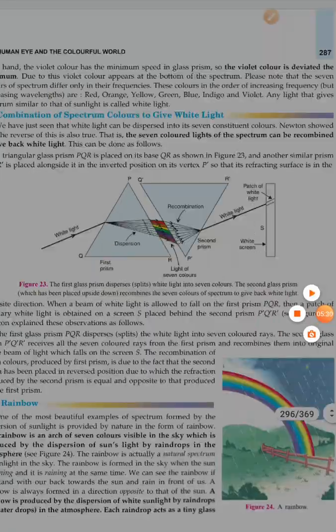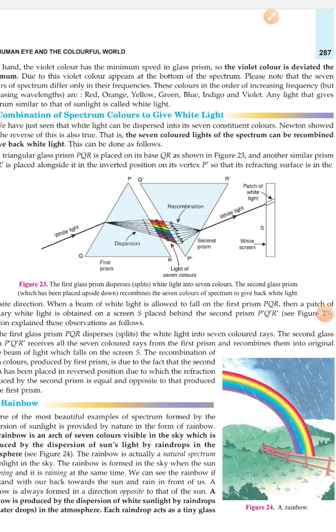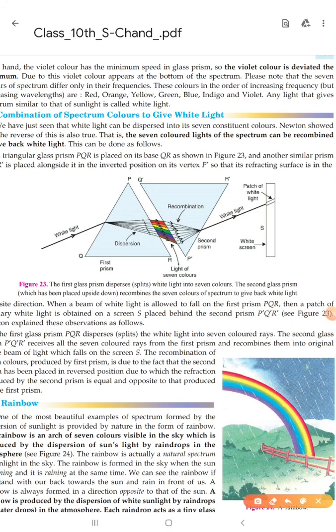Now there is one another thing. As we know, when white light passes through a prism, it disperses into seven colors. If we want that same white light back, because here we get seven different colors, we do one thing.